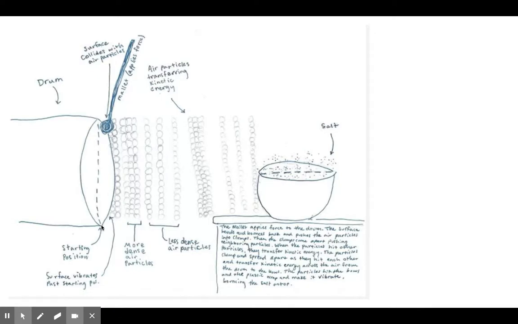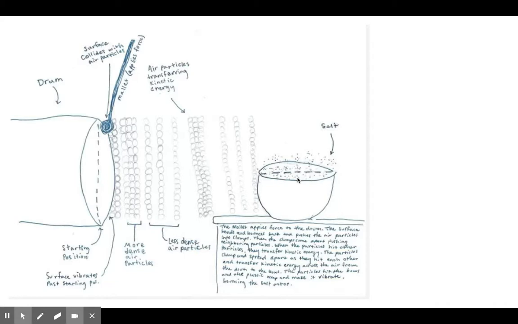It bounces out. It pushes against the particles. There are areas of density and compression and areas of less density as they transfer their kinetic energy. The energy from the mallet gets transferred to the drum, which gets transferred through the medium of the air to the plastic, which makes the salt bounce.